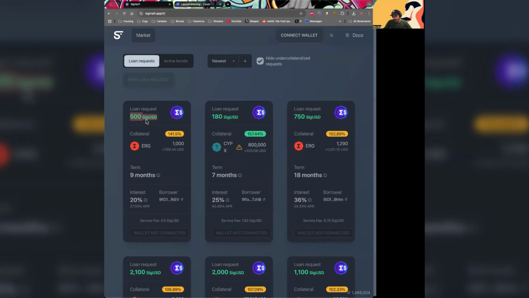So you would send 500 SigUSD to this contract, then in 9 months you would receive your 500 USD plus 20%. So that's 100. So you would receive 600 SigUSD equivalent. I believe that's just coming straight out of his collateral.